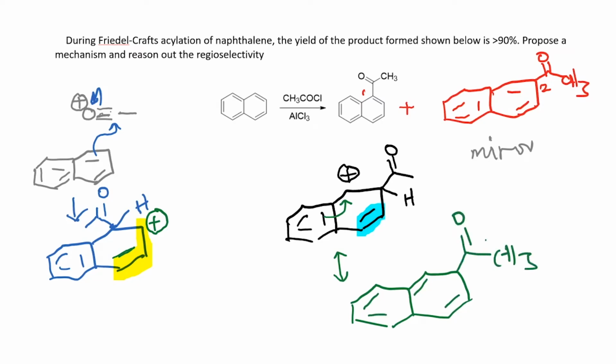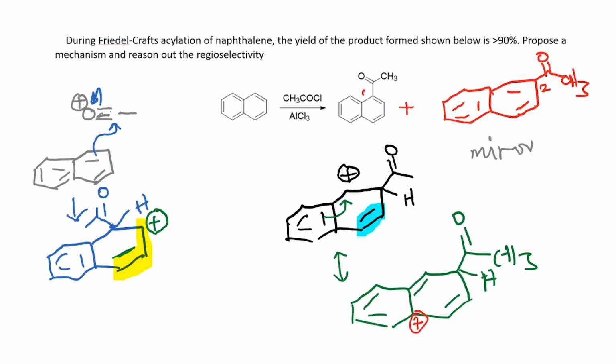Okay, and therefore any structure that is going to be significantly different in stability will not contribute much to the resonance form, and therefore the stability difference between these two is quite large.